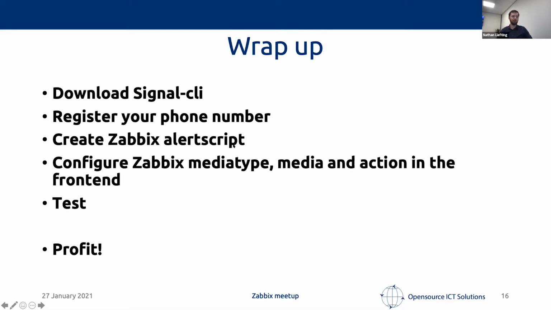We're going to create that alert script that's going to use our Signal-CLI to send those messages, set up Zabbix using the media types, using the user media, and making sure that our action is configured if it's not already configured using our Zabbix frontend. Test. And now you can use Signal within your organization to receive problems, and you're going to see everything that you want to see right there in the Signal application.